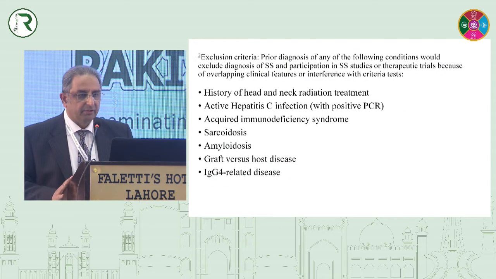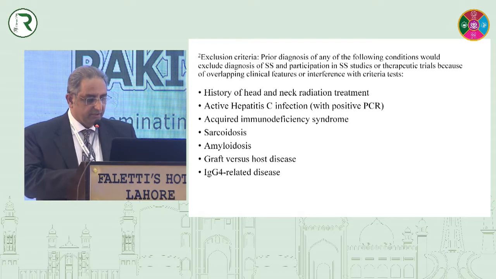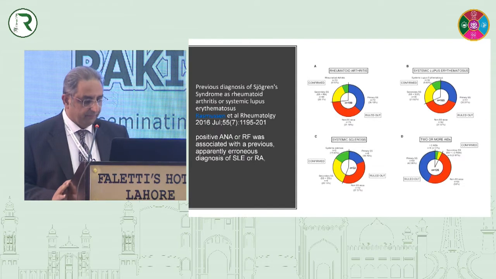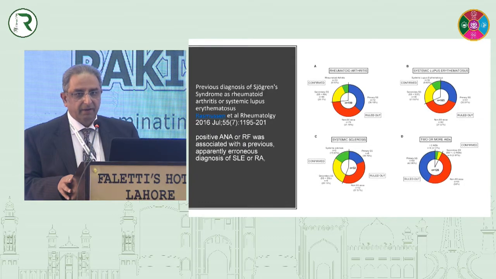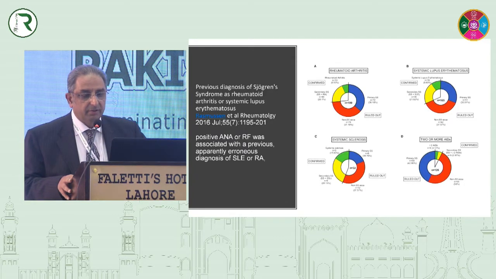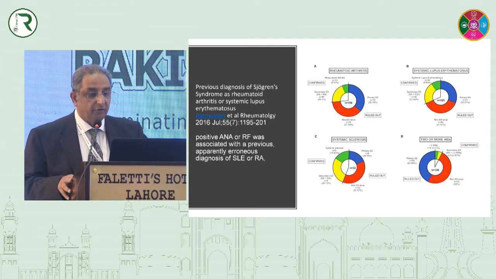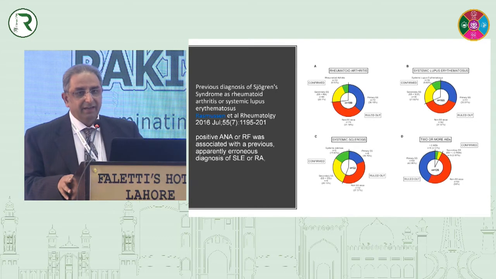These are the exclusion criteria: previous head and neck radiation, active hepatitis C, AIDS, sarcoid, amyloid, graft-versus-host disease, IgG4 disease. Now, these criteria were applied to a population of different autoimmune diseases like rheumatoid, scleroderma, and SLE. Having applied these criteria, about 30 to 40% of these patients were reclassified.